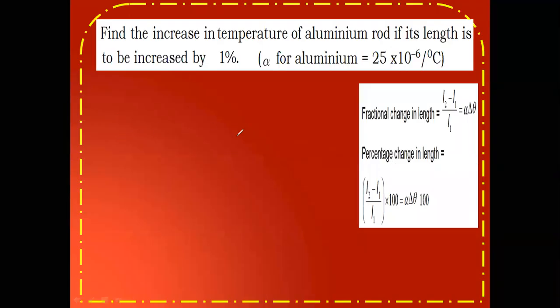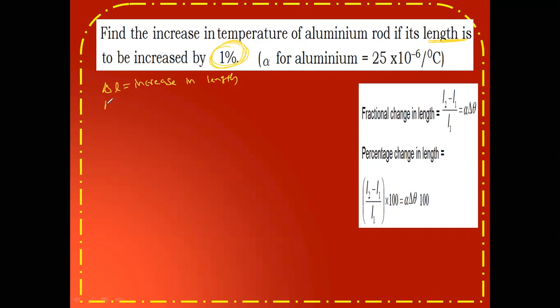Now let us see the next problem. Very important model, percentage problem. Find the increase in temperature of an aluminum rod if its length is increased by 1%. They gave percentage problems. So what is meant by delta L? Delta L is the increase in length of the rod.